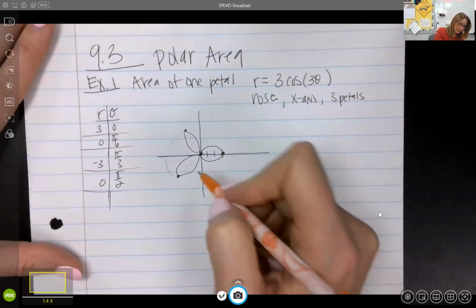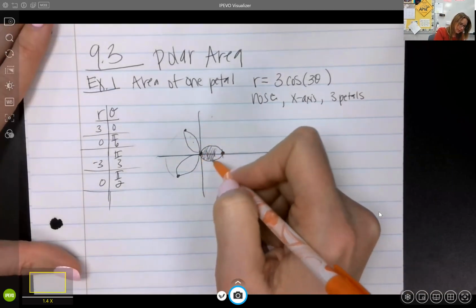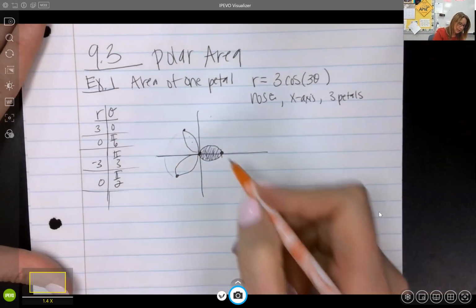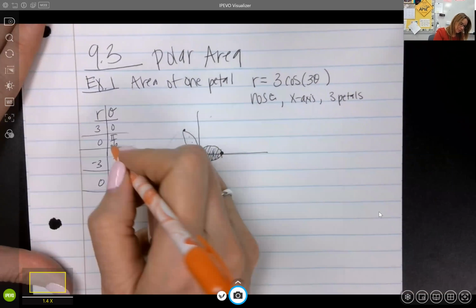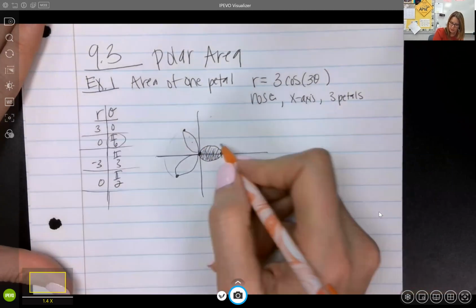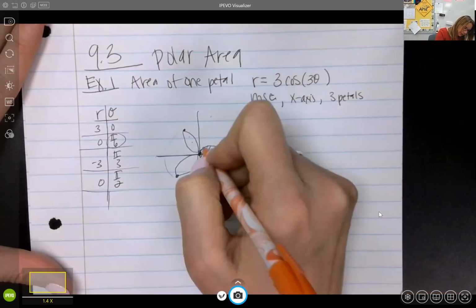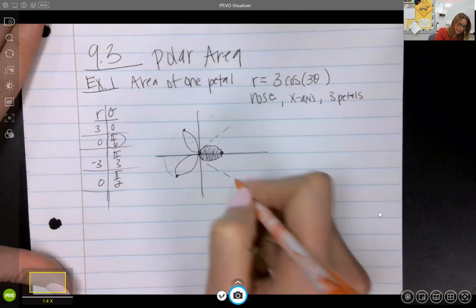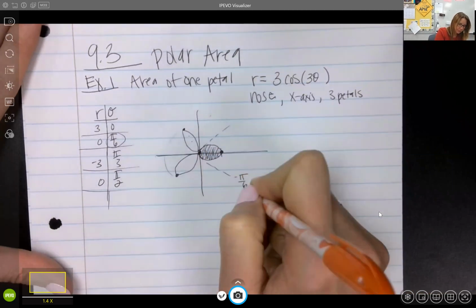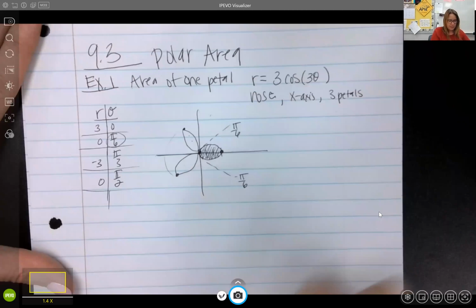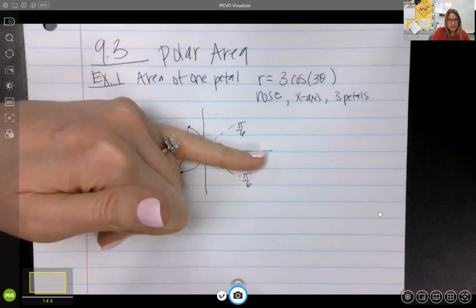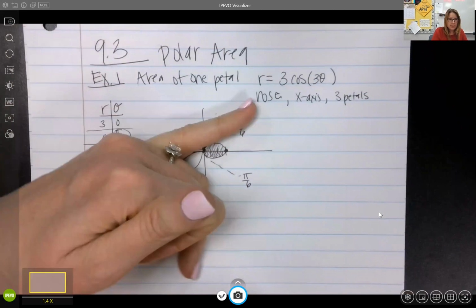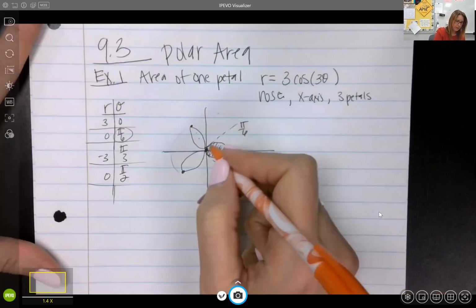So this wants to know the area of one of these petals. And we know that this angle, because of this, is pi/6. So I'm kind of looking at this and this. So this would be negative pi/6, and this would be positive pi/6. I'm going to go from the origin, and I'm going to do a fan like this and figure out what the area is in between.